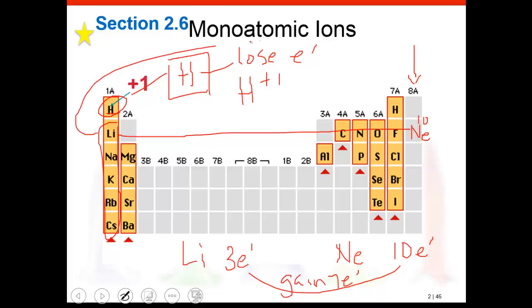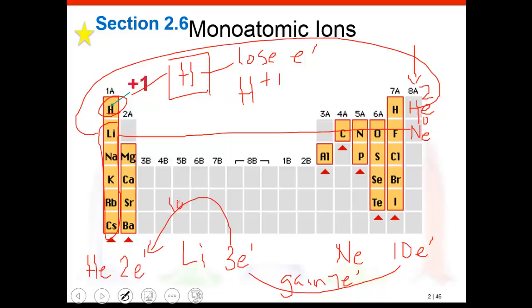But if lithium were to go backwards and have the same number of electrons that helium does, and helium is atomic number 2, lithium would only need to lose, so here is helium, that has 2 electrons. Lithium would only need to lose 1 electron to have the same number of electrons that a noble gas has. And so this is what it does. If it loses 1 electron, it will get a +1 charge then, because there's an extra proton and 1 less electron.